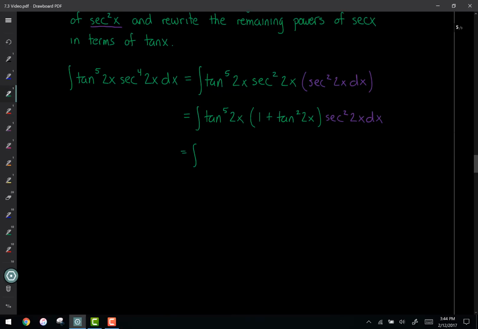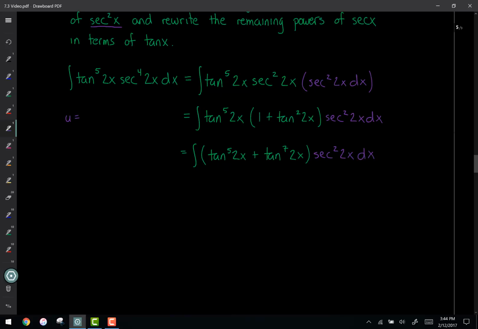I mean, or you could do the u sub now and then distribute, you're still going to have to distribute at some point. So we'll get tangent to the fifth 2x plus tangent to the seventh of 2x times our secant squared 2x dx. And now we're good to go for the u substitution.